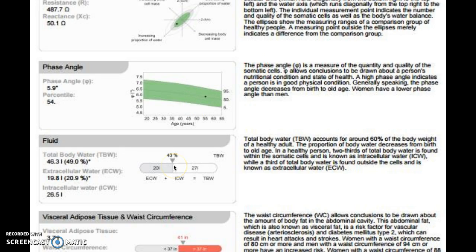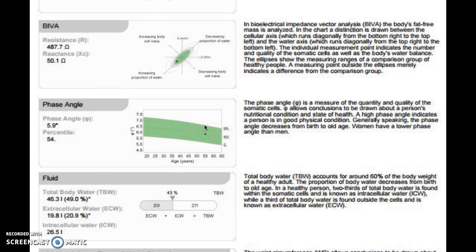This is why we measure your waist whenever you get scanned. The reason why this is important is as that number increases, you'll notice that anything over 37 inches is considered high risk, and that's because there's a direct correlation. As that number goes up, so does the risk of type 2 diabetes, heart disease, stroke, etc.